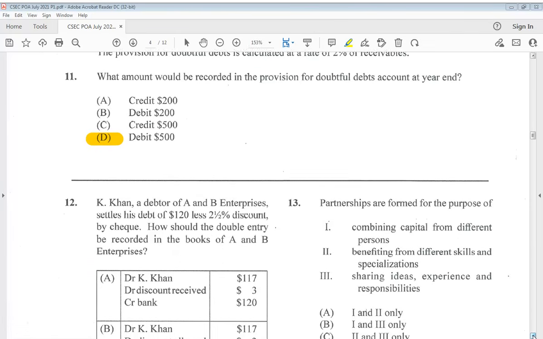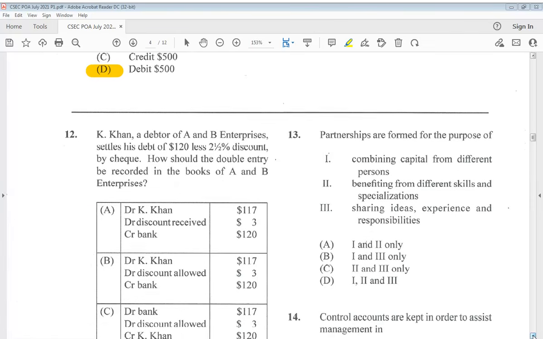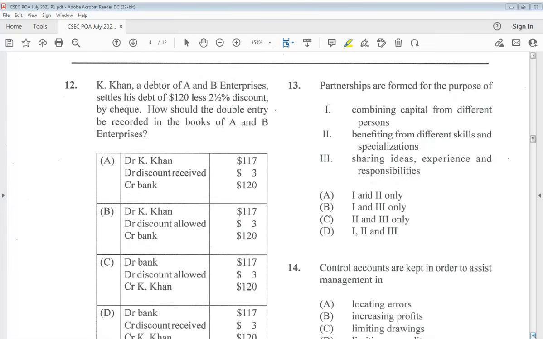Let's move on to number 12. K. Can, a debtor of A and B enterprises, settles his debt of $120 less 2% discount by check. How should the double entry be recorded in the books of A and B enterprises? Now, we have seen this question before. So what would go into the bank would be the difference after we find the 2.5% of $120.